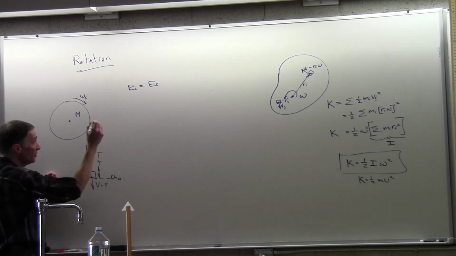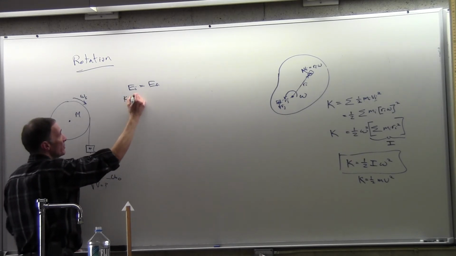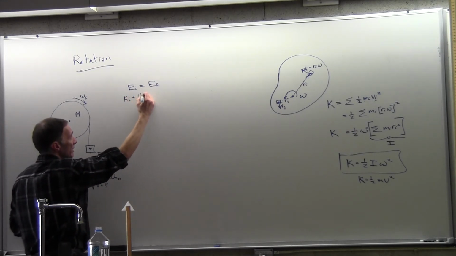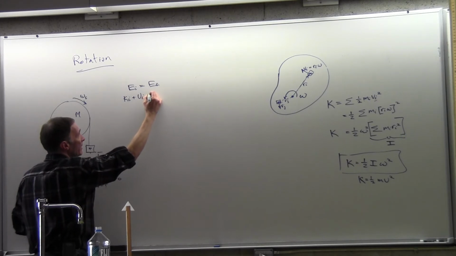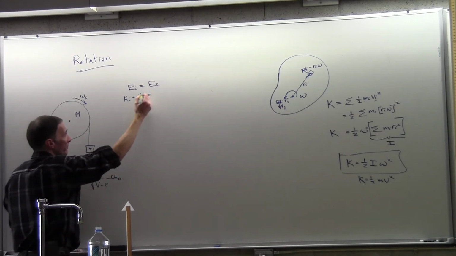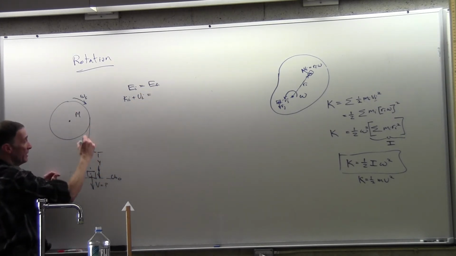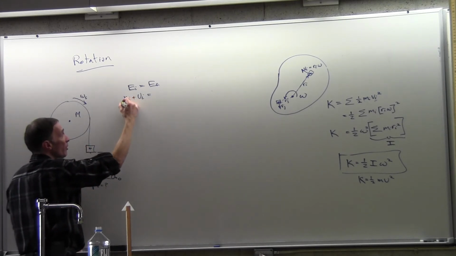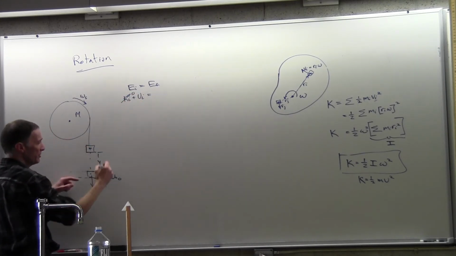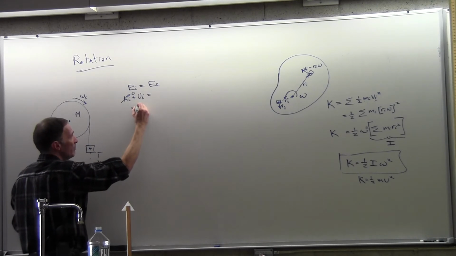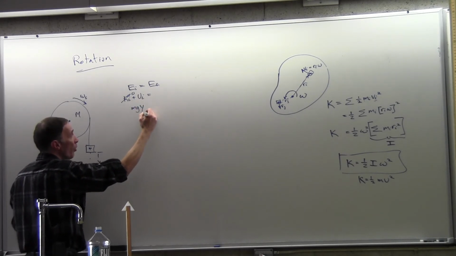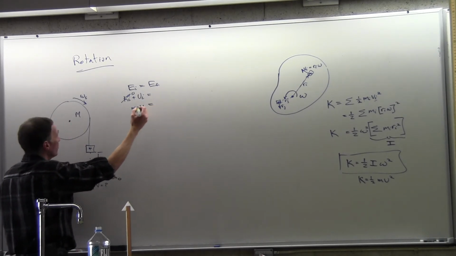So I could say the initial energy is going to be kinetic energy plus potential energy initial. And then the final energy will be something else. Initially, these both start at rest. There's no kinetic energy. The potential energy is just this small mg, and its h is y. And that's going to equal the final energy.